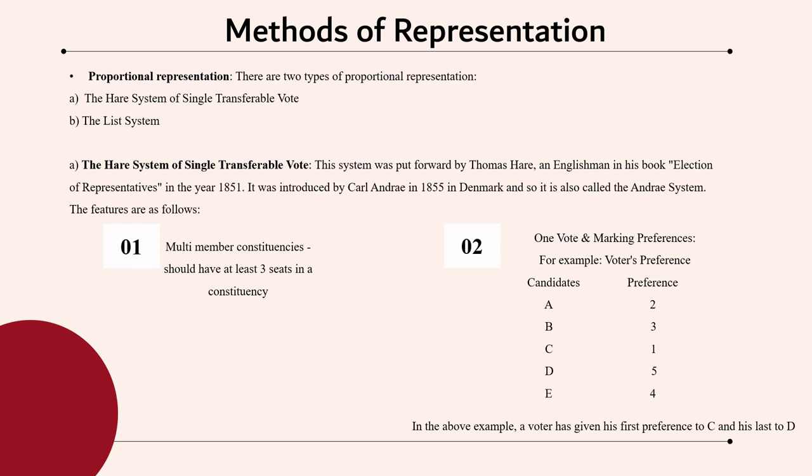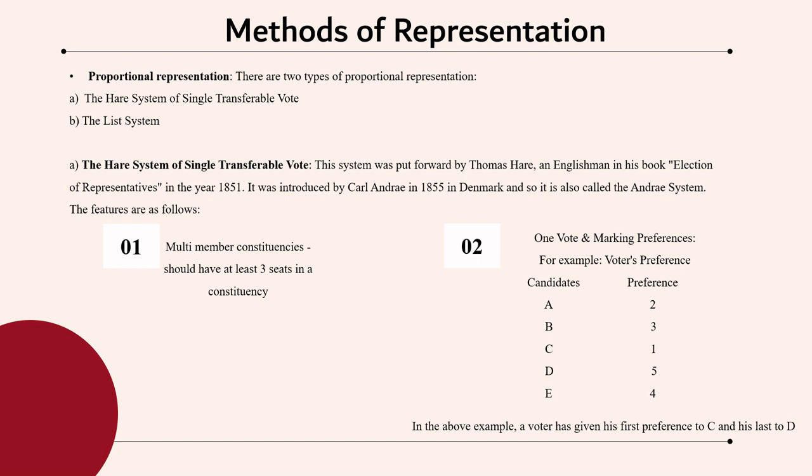When voter X goes to the polling station, when he finds there are 5 candidates, he has to give his order of preference.